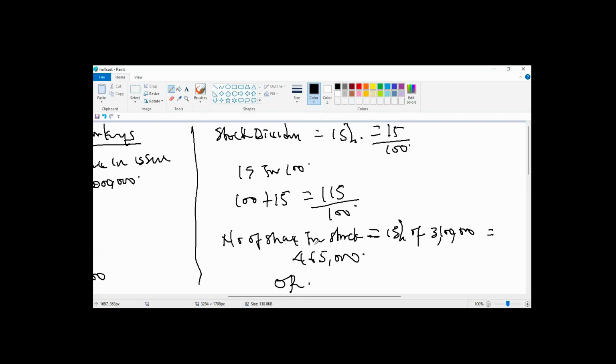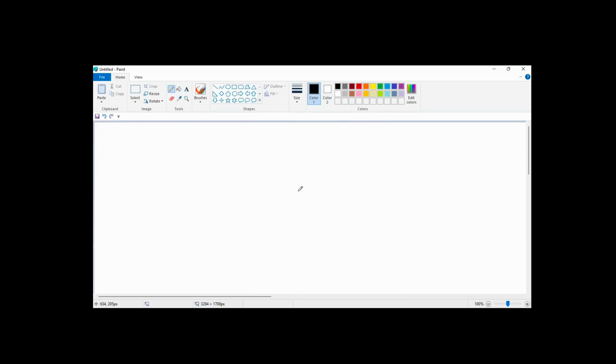Go to question 3, Fresh Limited. Fresh issue. What does the requirement tell us to do?